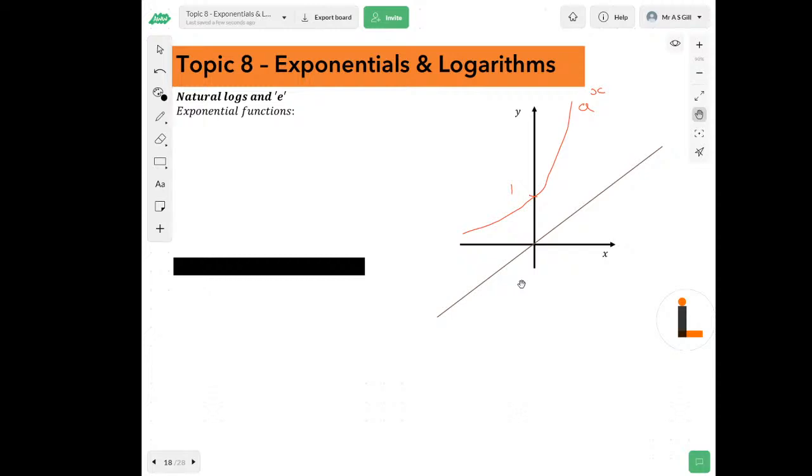So we're going to get it looking something like this, where again, this is going to have value 1 there.